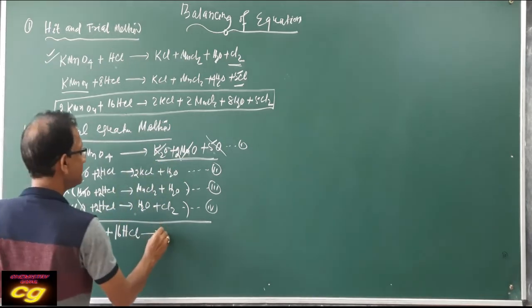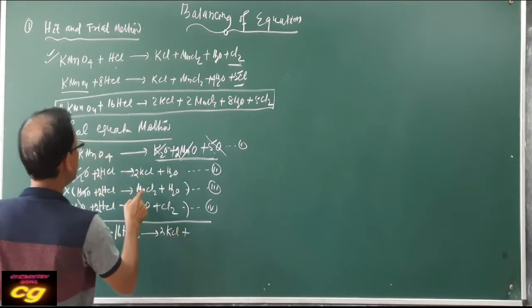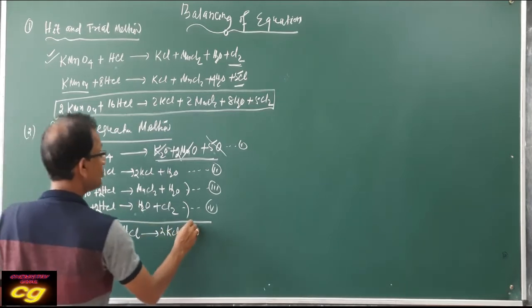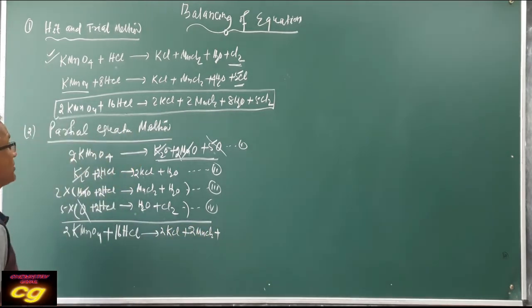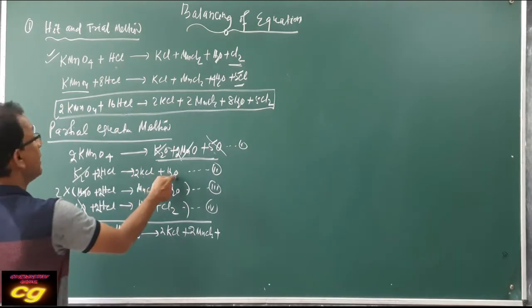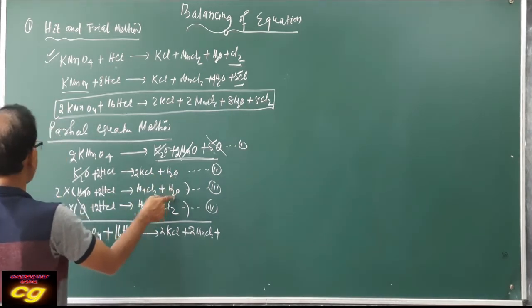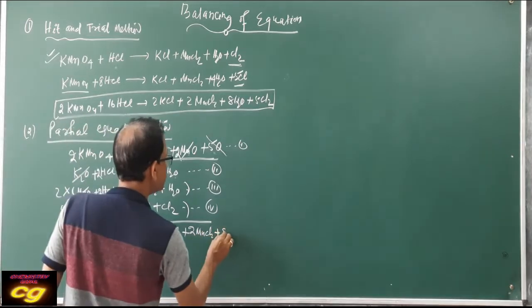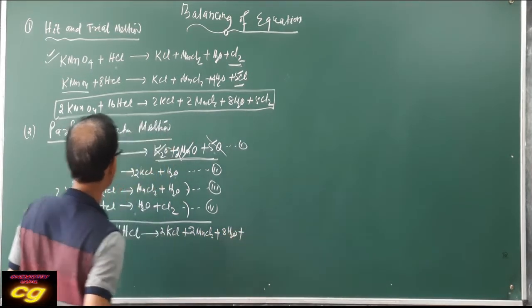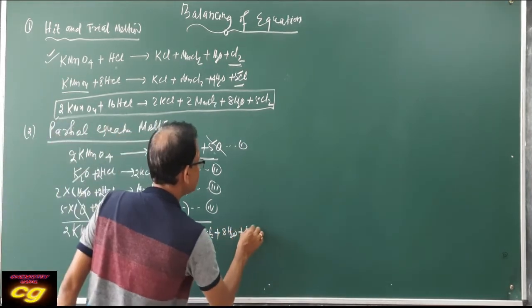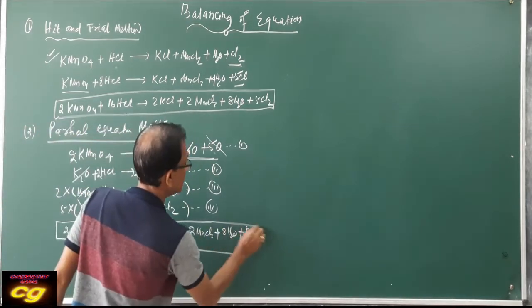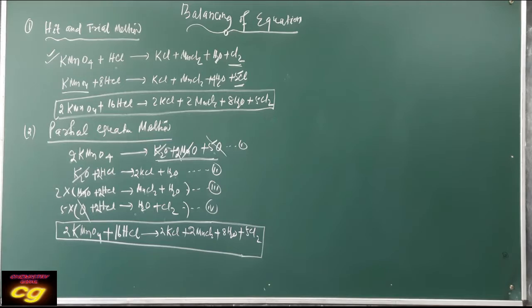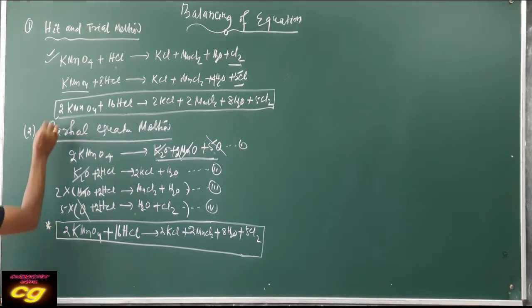What is 2 KCl? How many MnO4? 2 MnO4, 2 MnCl2. Then how many water? Here water is 1, here water is 2, that is 3. Now we find 8 H2O. Now how many Cl2? 5 Cl2. Clear? This is your final balanced equation.